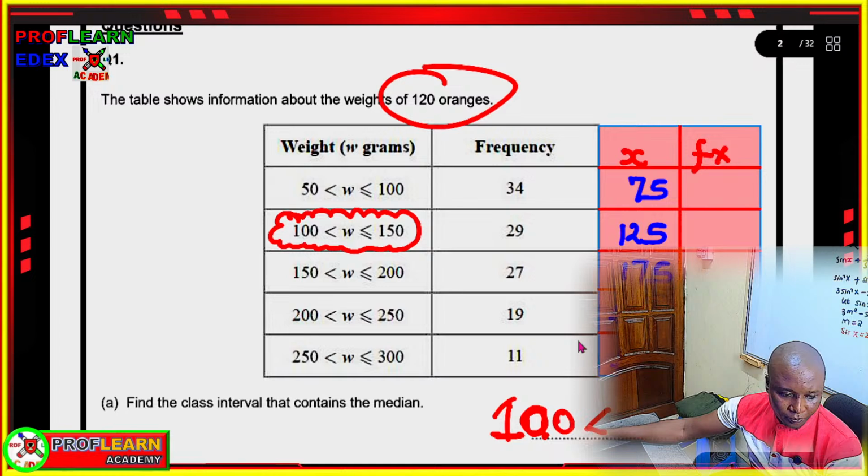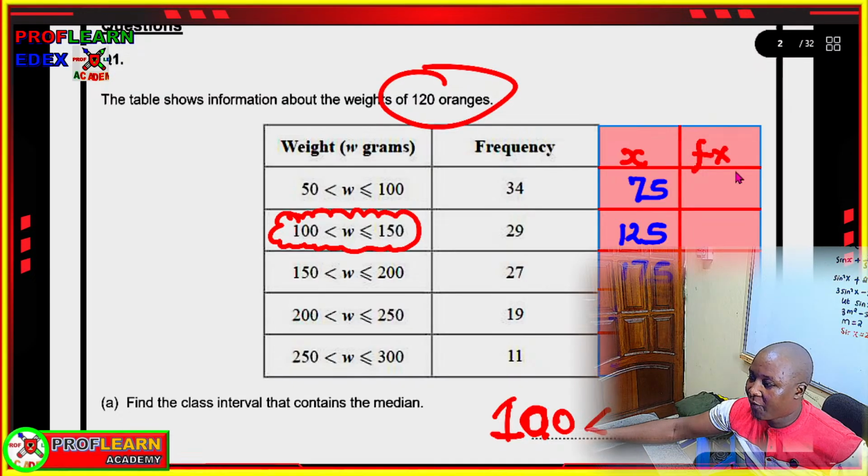So with that, then we're going to multiply now fx, frequency times the value of x.